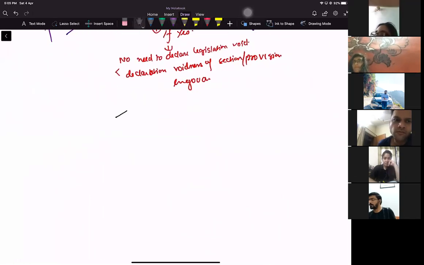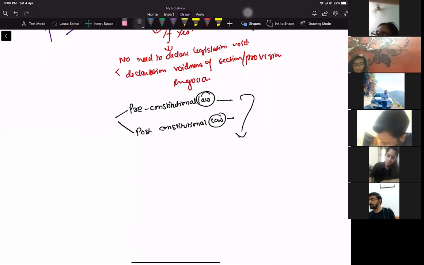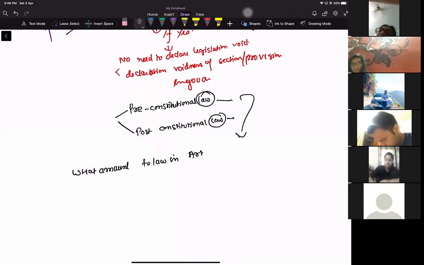So pre-constitutional law or post-constitutional law, in both situations, important is law, and therefore we should understand what amounts to law in Article 13.